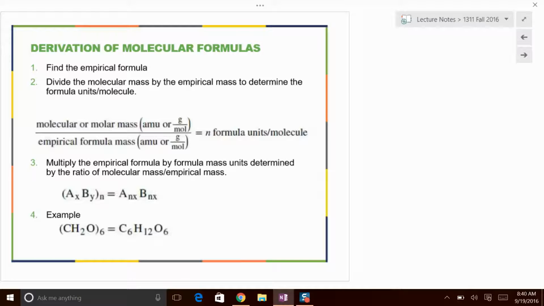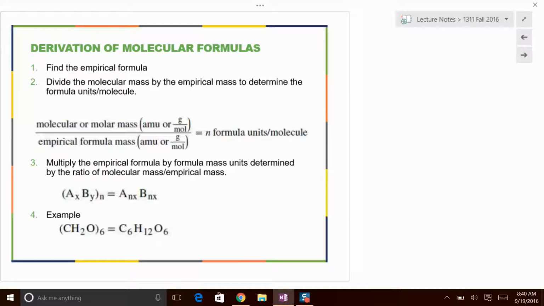molecular formula. Because what we just did finds the empirical formula, which for ionic compounds is great because they're always in their empirical formula. But if it's a molecule, the molecular formula is not always in its empirical formula. Okay? So look at this.